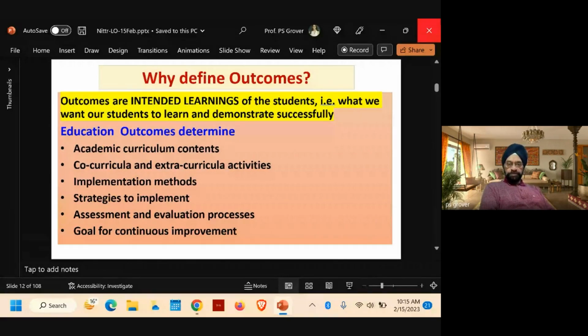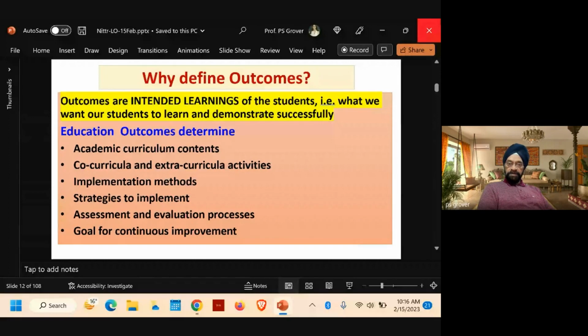Why define outcomes? Defined outcomes focus on student learning. Student learning comes not only from the lectures, but from peers, from extracurricular activities, from co-curricular activities. So outcomes are the intended learning of students. That is what we want our students to learn and demonstrate successfully.